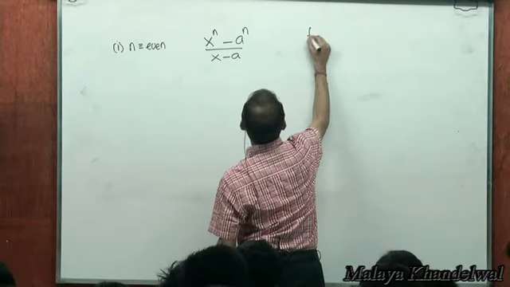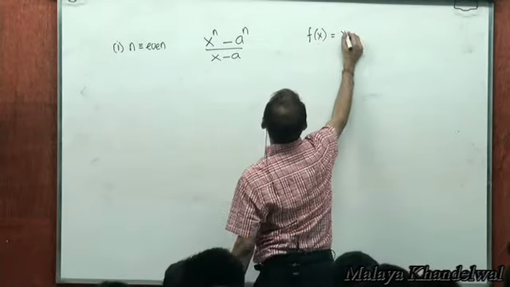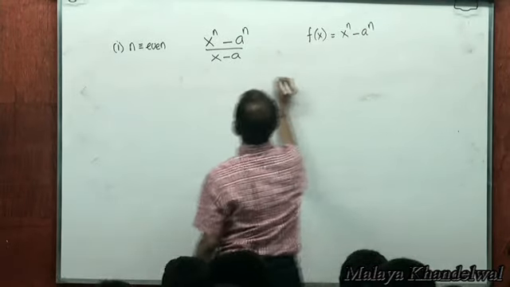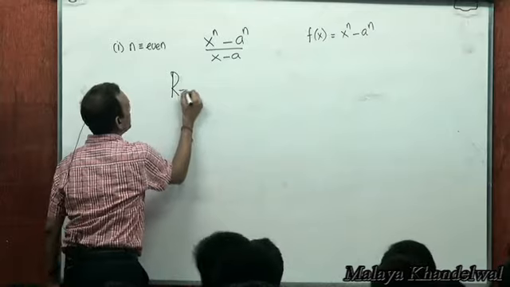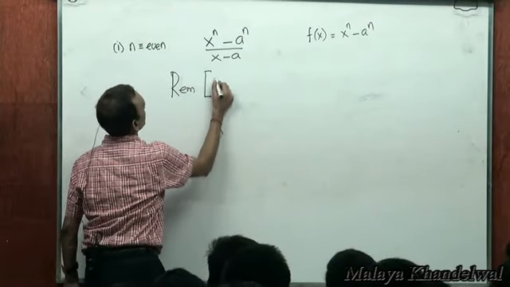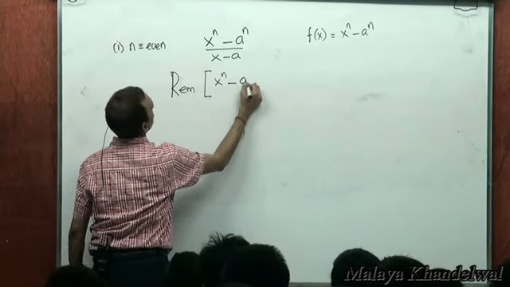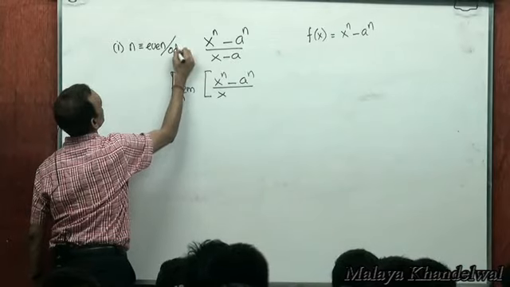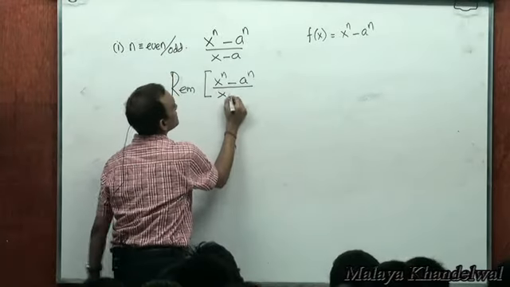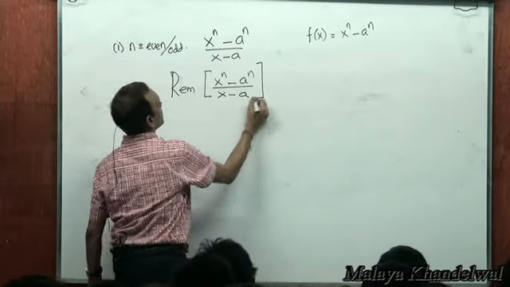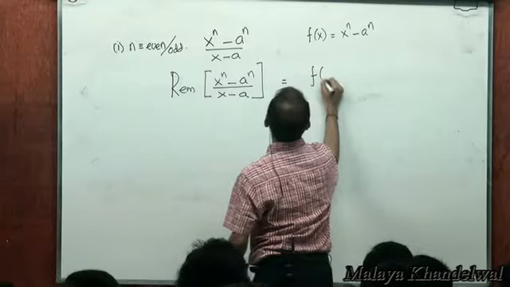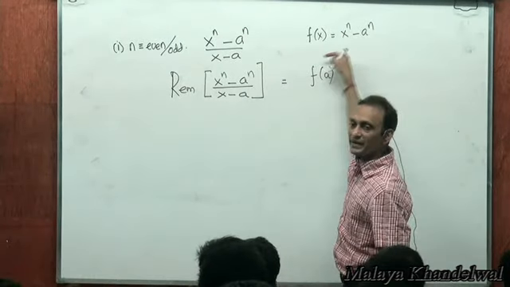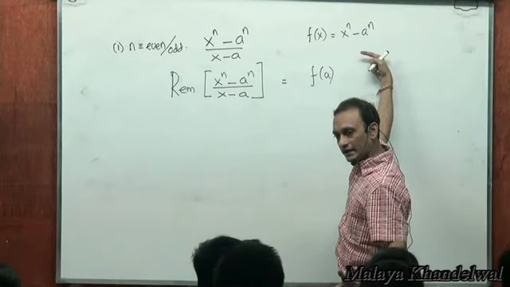So what is f(x)? x power n minus a power n. When you divide it, even or odd does not matter, the remainder of this division must be f of a. When f(x) is divided by x minus a, the remainder is f of a, right?